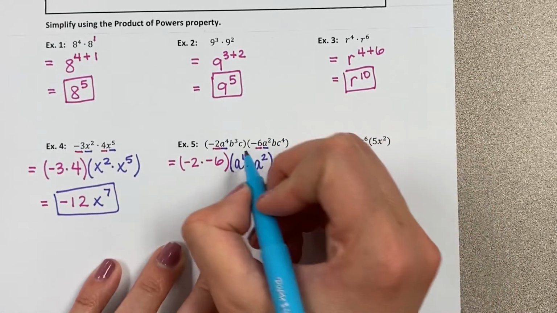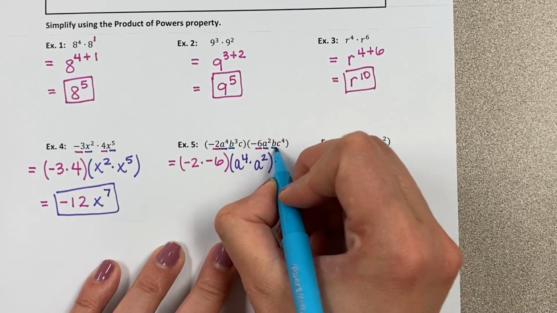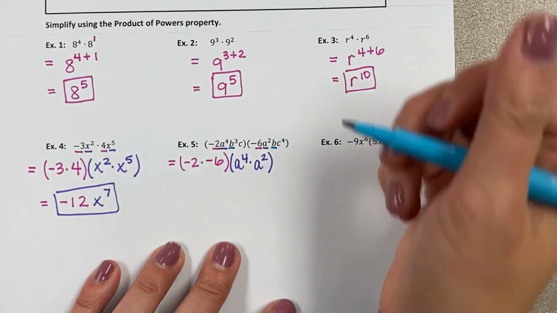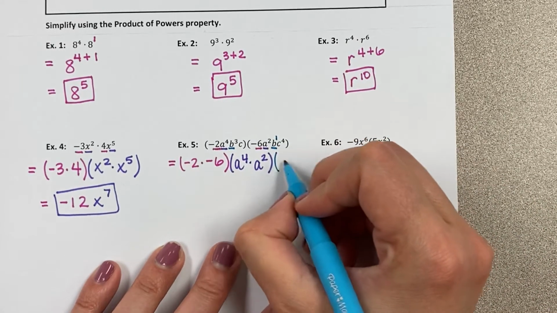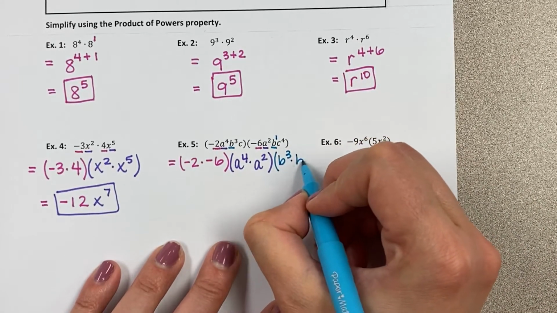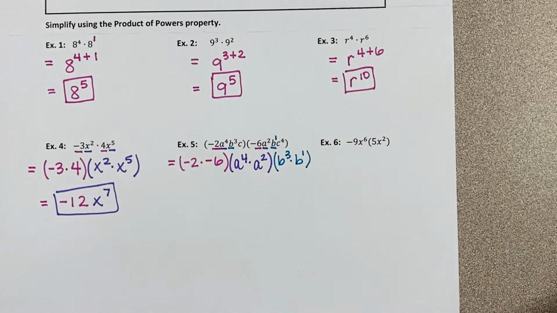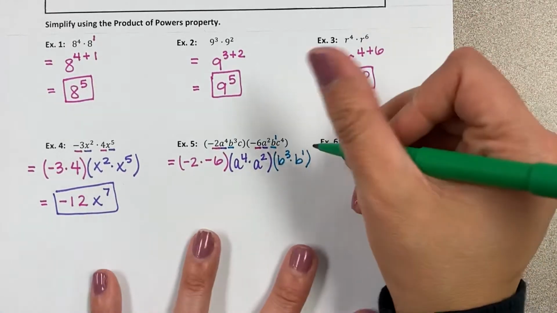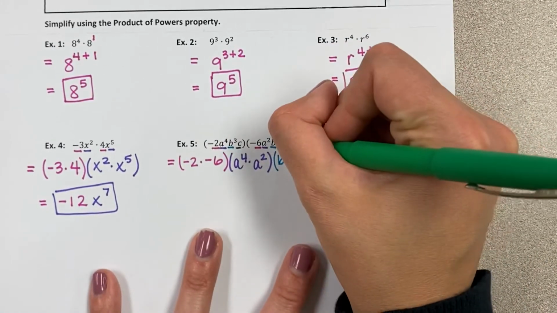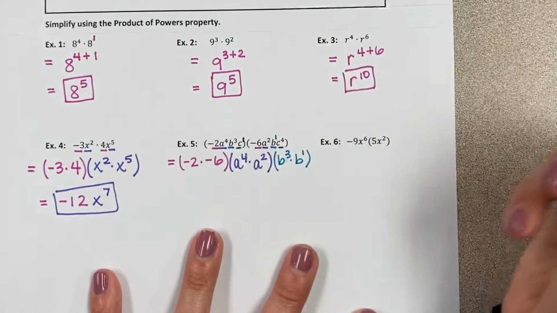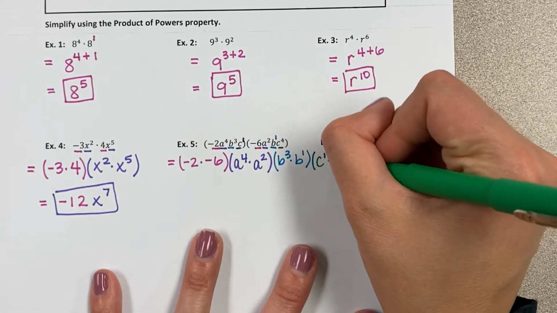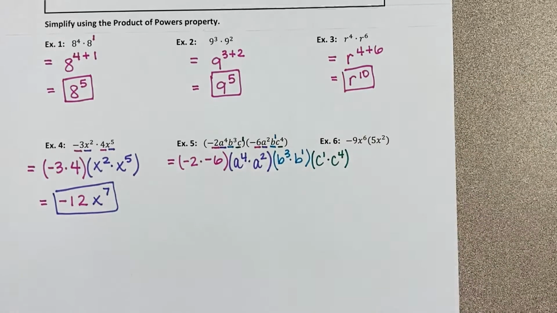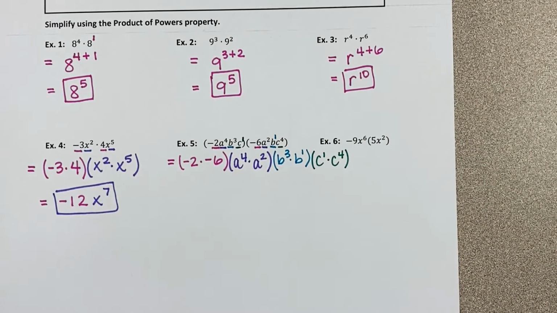Then I see a b in both, b to the 3rd times b. Remember, this is b to the 1st. We have c and c to the 4th. Remember, this is a 1, so we have c to the 1st times c to the 4th.